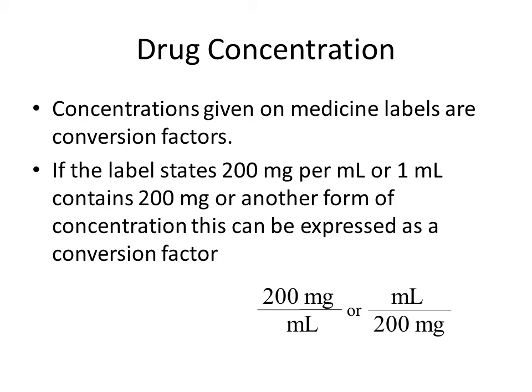That means 1 milliliter of the medicine is equal to 200 milligrams of the drug. That means I can write a conversion factor that expresses this concentration and use it to do a conversion. And you can flip it either way and use whichever one that gives you the correct unit cancellation for the problem that you're doing.